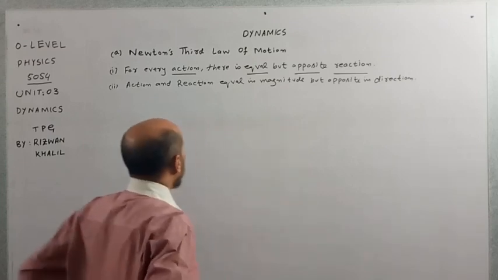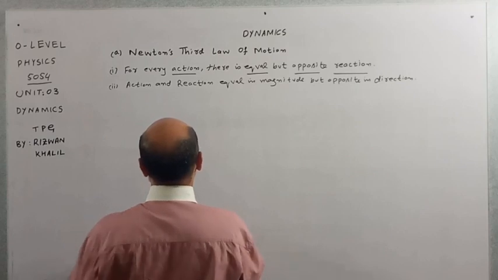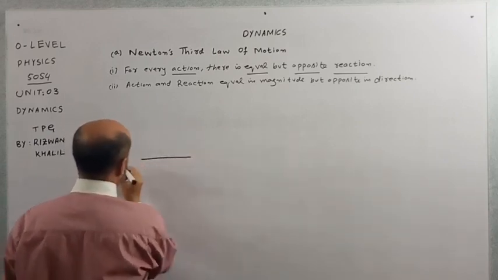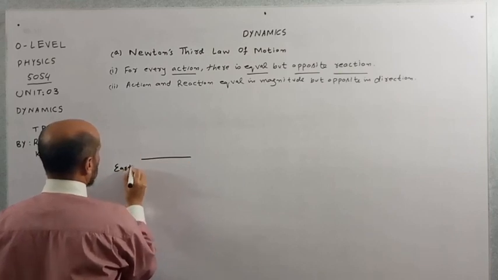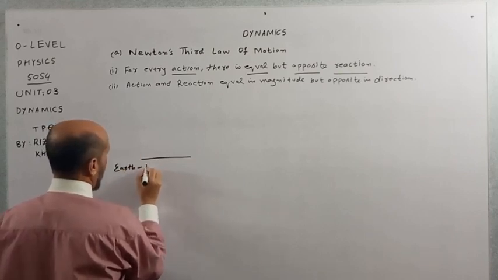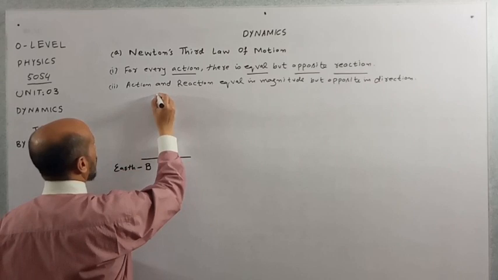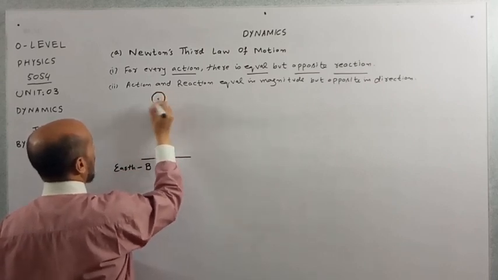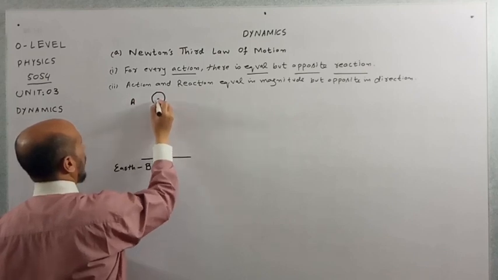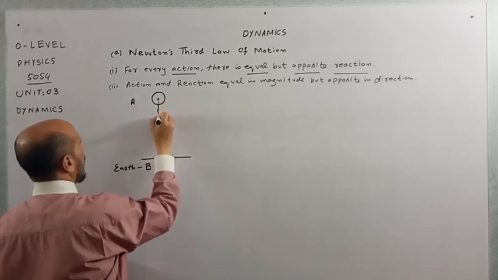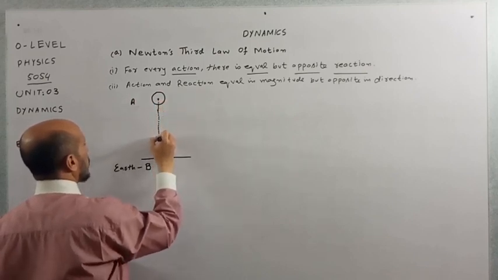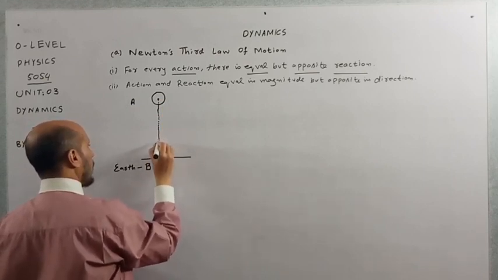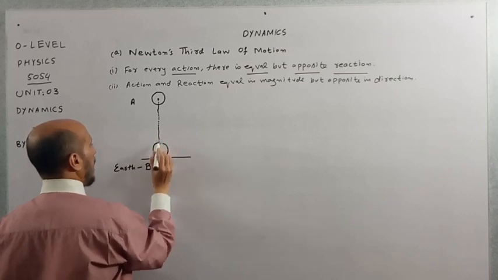So I am going to draw the diagram over here as well. This is the earth, and obviously I will consider it as body B. This is the ball, I am going to consider it as body A. So when this ball hits the earth, what will happen?